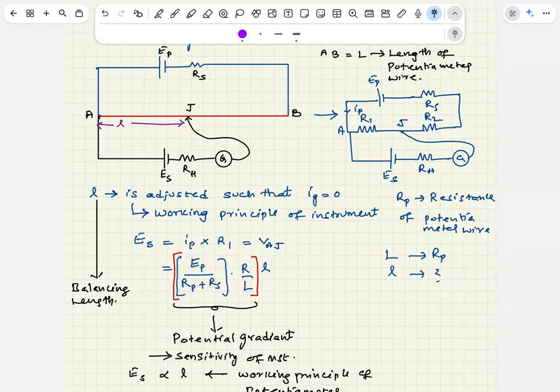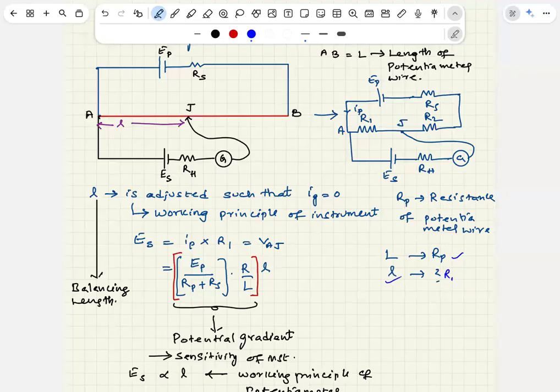Didn't get here? Okay, no issues. E primary by R primary plus RS, the total current, into the resistance of this part. I have no idea, but I know for L length, resistance is RP. For small l length, what is the resistance?